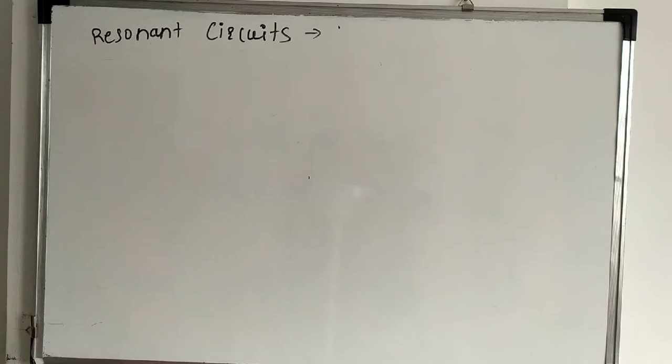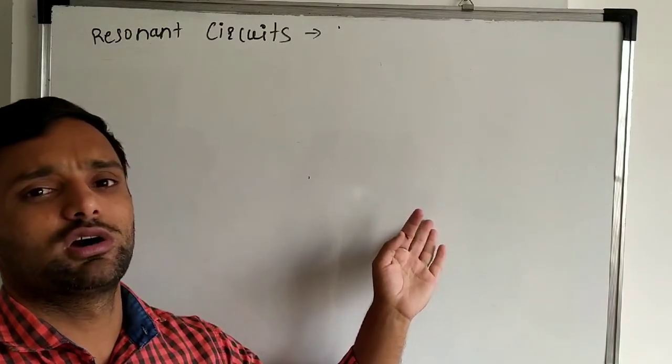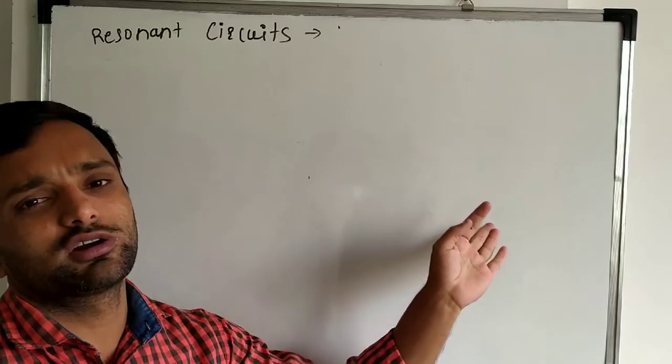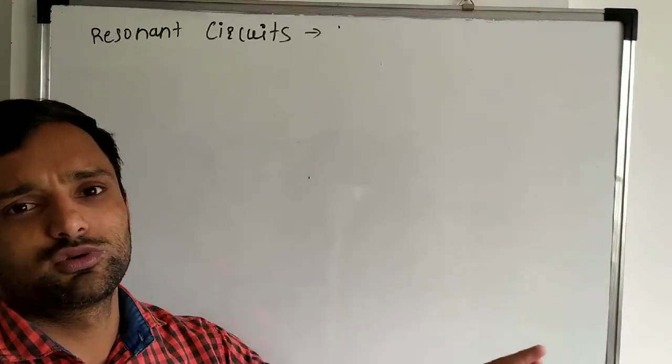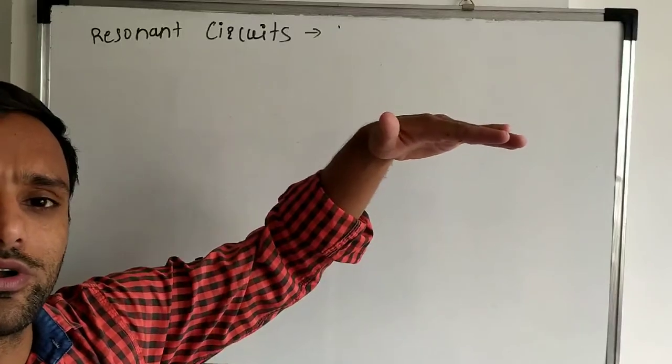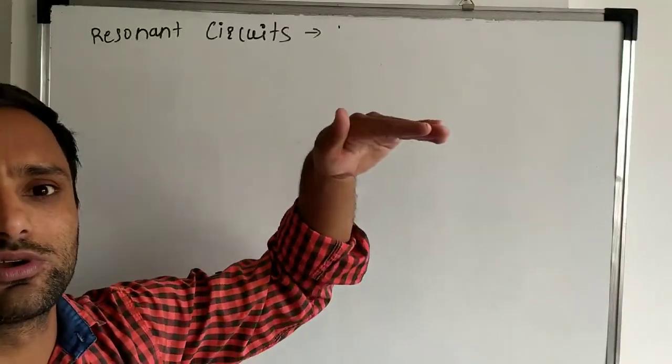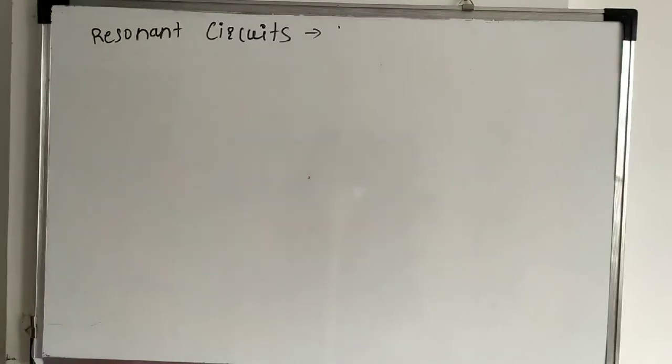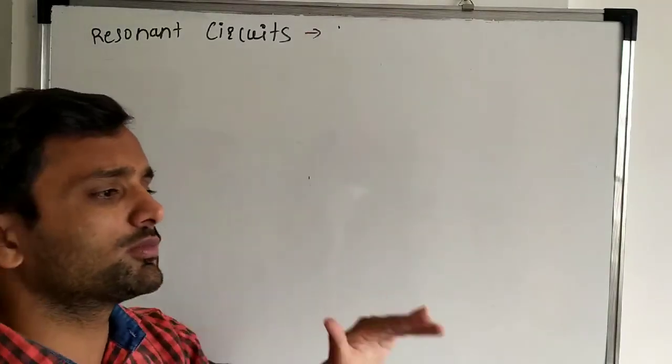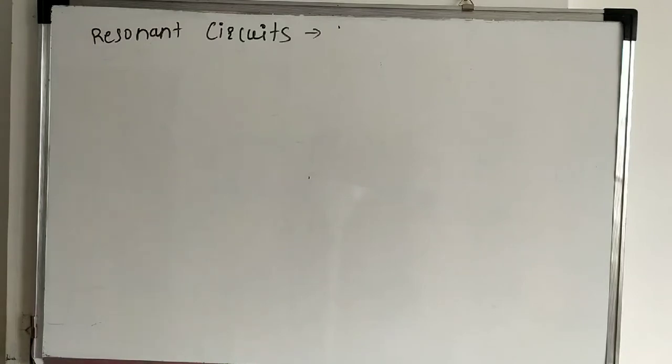When the frequency of the AC is gradually changed to a certain frequency, at that particular frequency the impedance of the circuit becomes maximum or minimum. When we change the frequency of the alternating current source to a certain value, at that particular frequency, the resonance, the impedance of the circuit becomes maximum or minimum. That particular situation, where the impedance of the circuit becomes maximum or minimum, is called resonance.